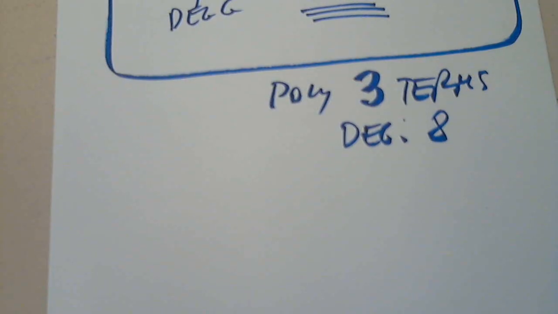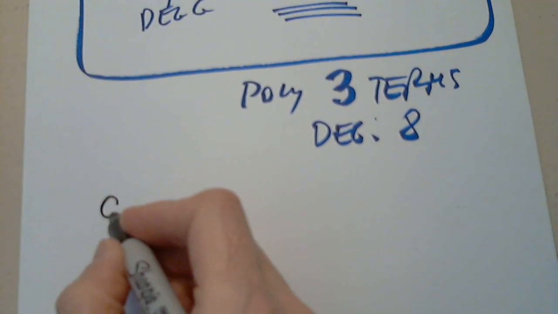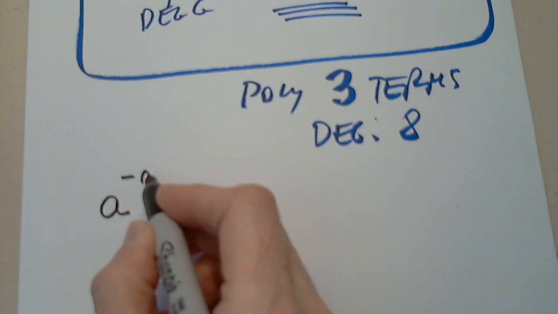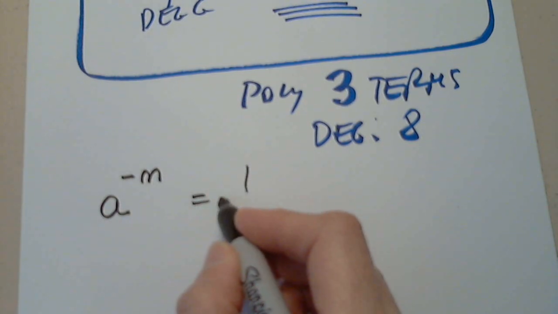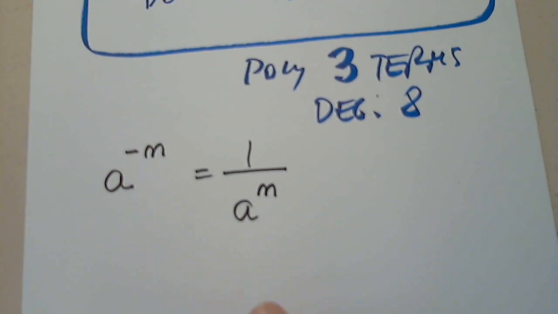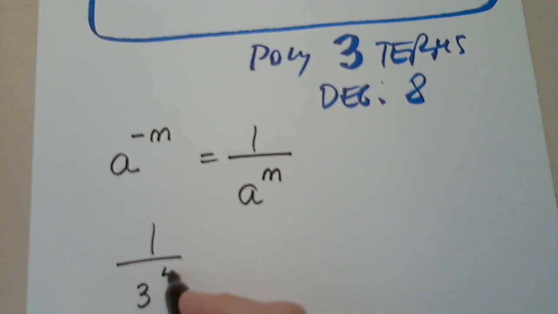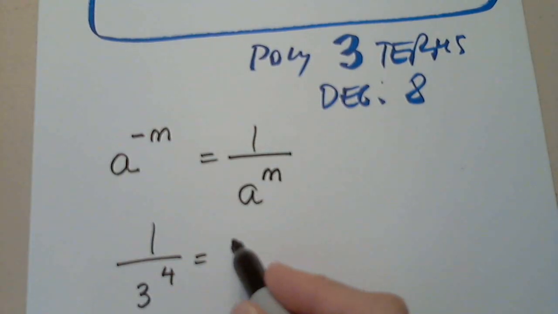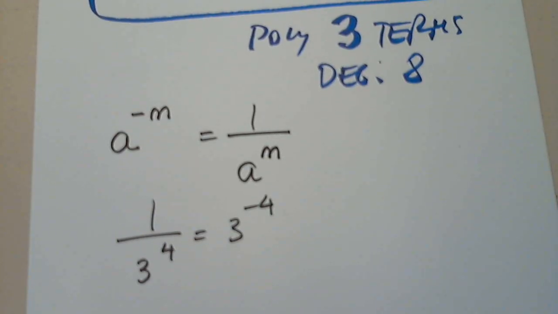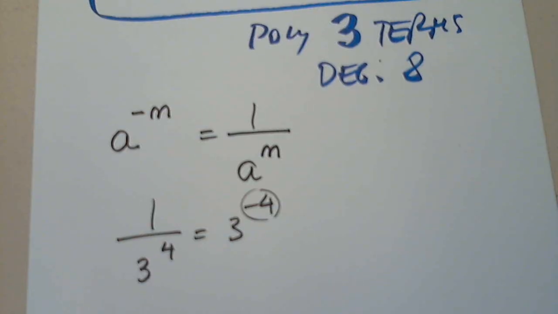There is even a rule. If I have a base raised to a negative exponent, this is basically a fraction. It's a different way of writing 1 over. So if I have, let's say, 1 over 3 to the 4th power, I can rewrite it as 3 to negative 4. It doesn't mean that the number is negative. It only means that the power is negative.